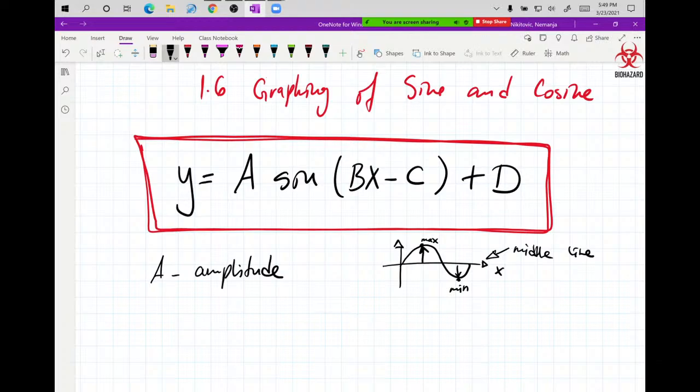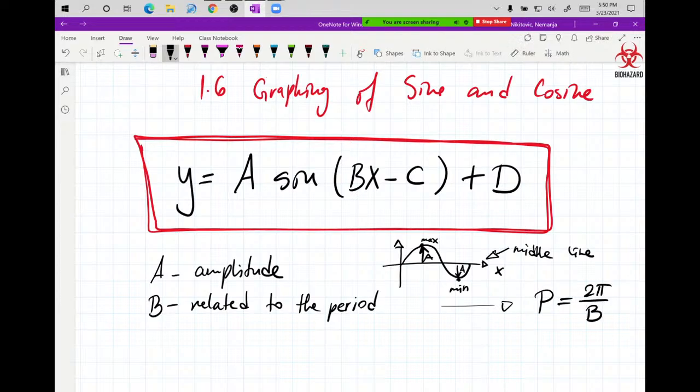So that's amplitude, A. B is related to the period. Now, what is the relationship? The relationship is period is equal to 2 pi over b. That is a very important formula that you will be using to graph all of your functions. So you need to know that formula.